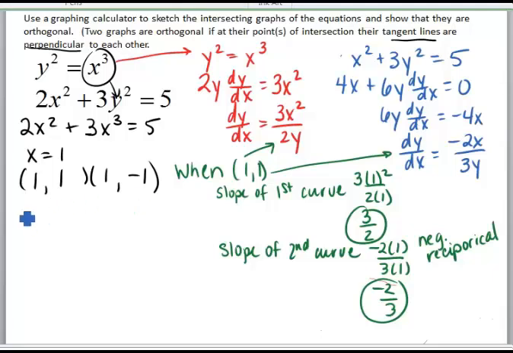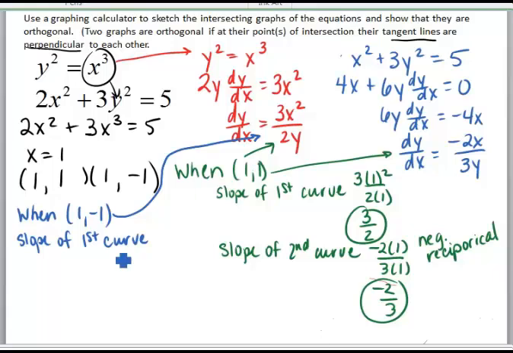So when we're talking about the point (1, negative 1), the slope of the first curve, we're going to plug in 1 and negative 1. So I'm going to have 3 times 1 squared over 2 times negative 1. This gives me a slope of 3 over negative 2.